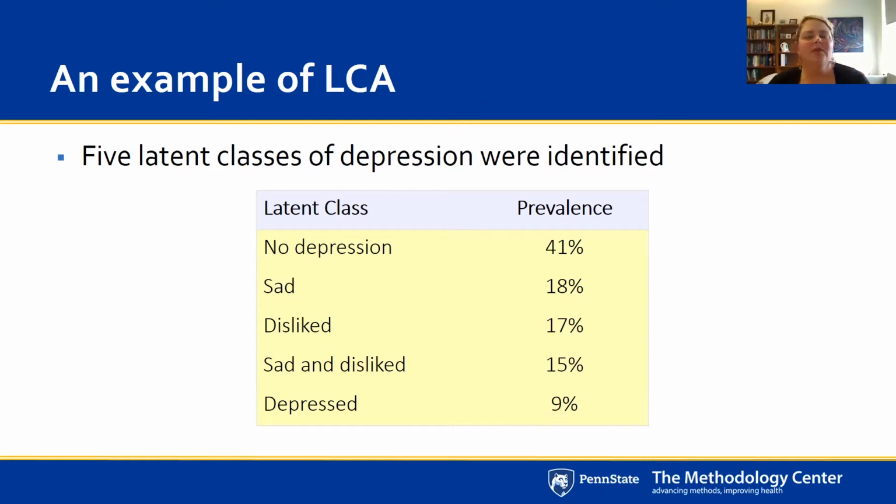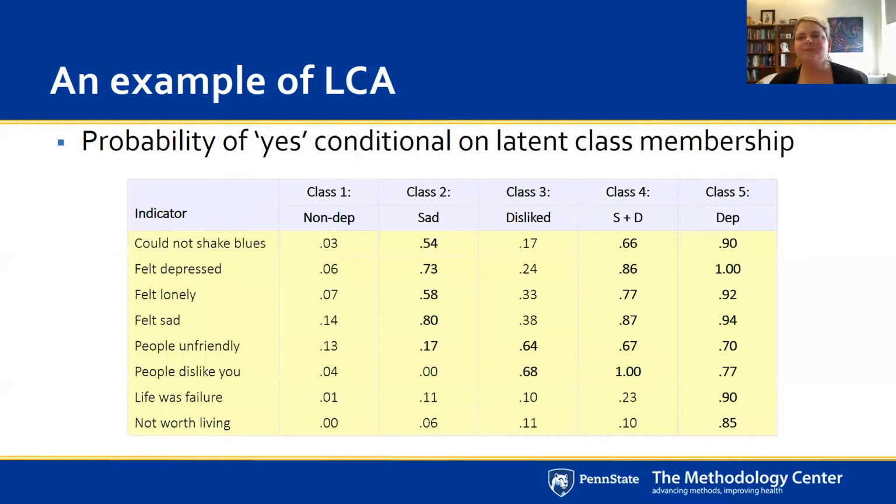But what we don't know is which group of individuals is more likely to escalate over time and transition perhaps into that depressed class, or maybe less seriously transition into experiencing those kinds of symptoms together.